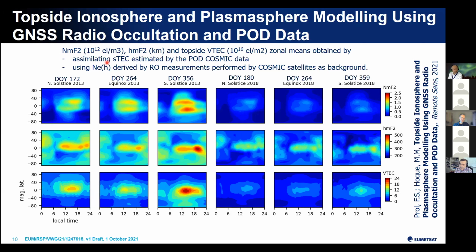For the top part, we have valuable data coming from the precise orbit determination GNSS receiver. And this data, combined with radio occultation or on its own, allows us to get the VTEC above the LEO. This was shown in Prol and Hoque 2020.